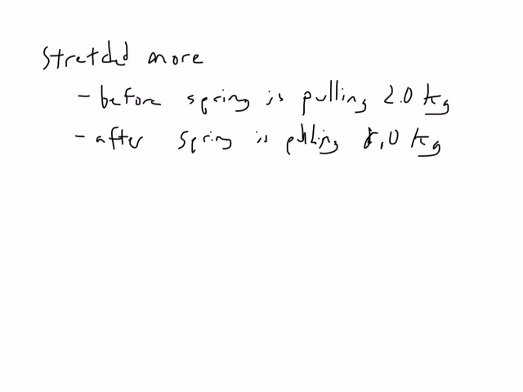So because it has to apply the same acceleration, right, A must be the same, we showed that in part C. Because the acceleration is the same, but the mass is bigger, the force must also be bigger, right?